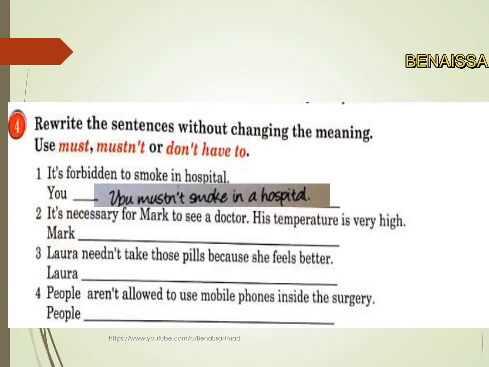First one, you mustn't smoke in hospital. It is forbidden to smoke in hospital. يعني ممنوع التدخين داخل المستشفى. المعنى عندما نبدأ you mustn't يجب عليك ألا تقوم بالتدخين بالمستشفى.